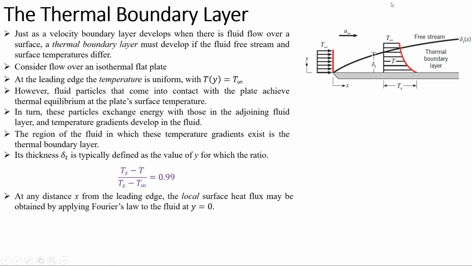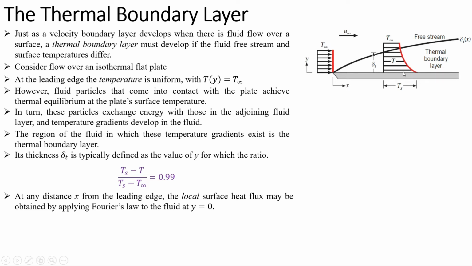And if you want to take the heat flux at any location within this boundary layer, at a distance x from the leading edge, you can apply Fourier's law of heat transfer, because of the point where the fluid comes in contact with the surface.